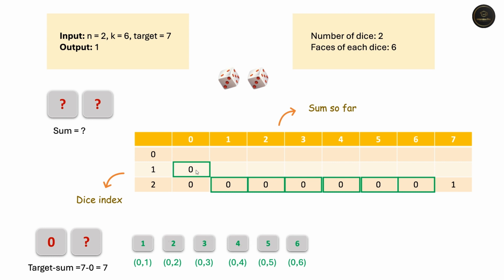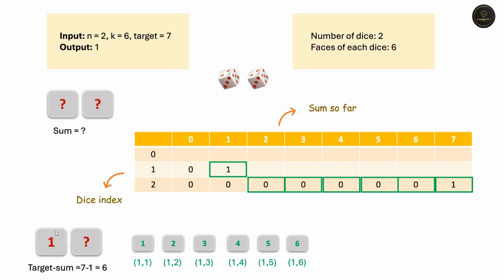If I select the face 1, what would be the sum? It is 1. For the sum 1, what are the combinations that are available so far? 0. And if I take face 2, what are the combinations available for the sum 2? 0. Similarly, for all the 6 possible sums, we get 0 combinations. So 0 plus 0 plus 0 plus 0 is 0.